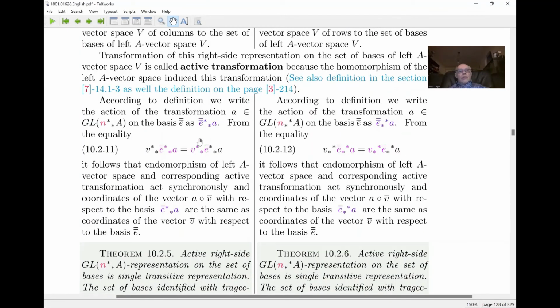According to the definition, we write the action of the transformation A on the basis E as E CR A.